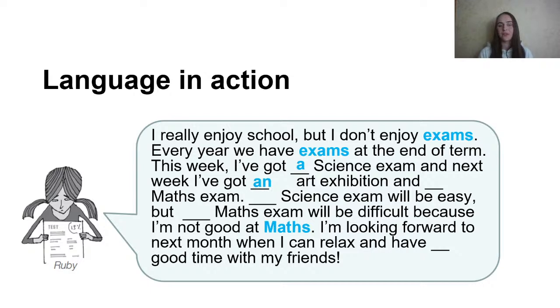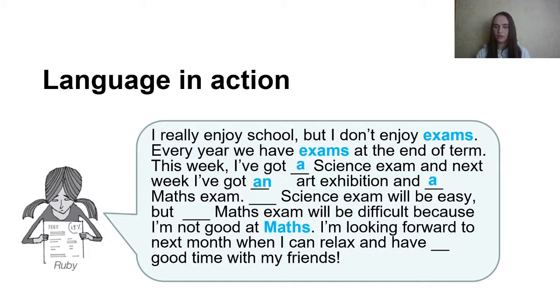Like one: I've got one science exam, next week I've got one art exhibition. What about the third? The same, and a math exam. Again, we talk about it for the first time. I've got a science exam, and next week I've got an art exhibition and a math exam.